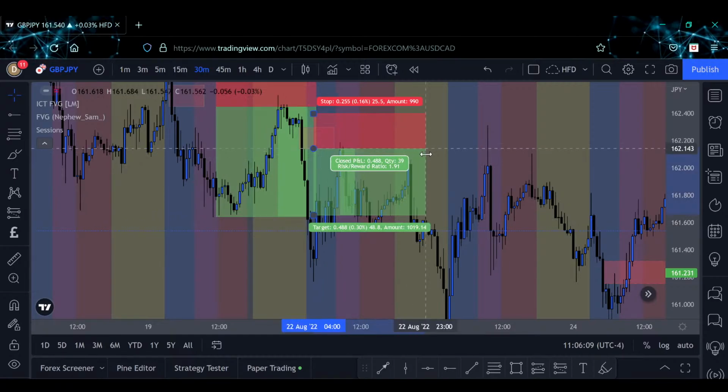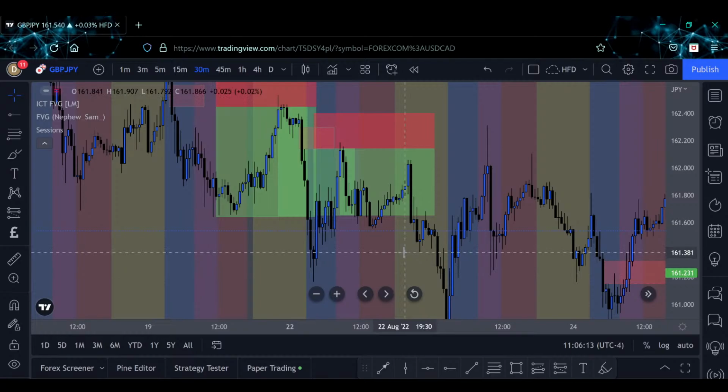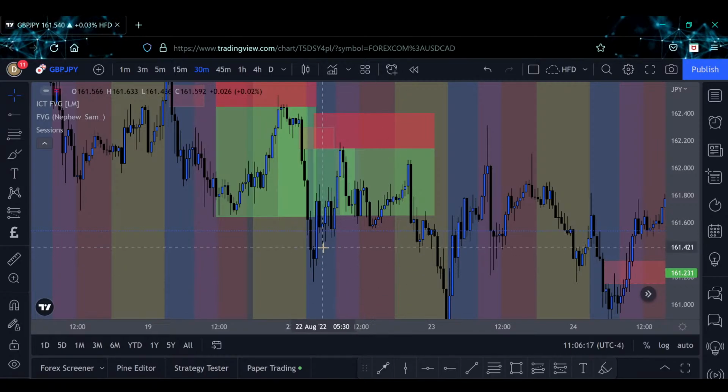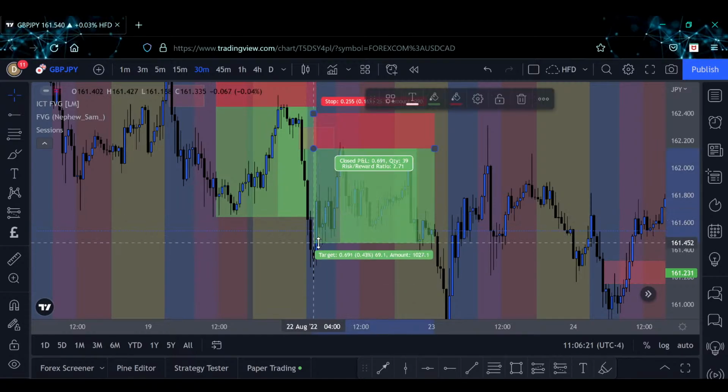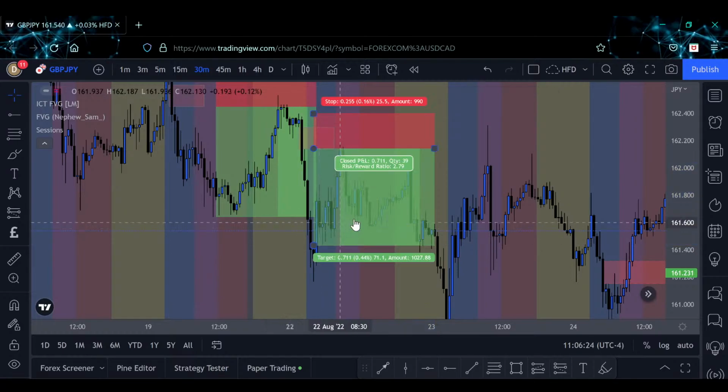Targeting probably these areas here. It's a small gap there. Probably target that. So that would be 4.80.